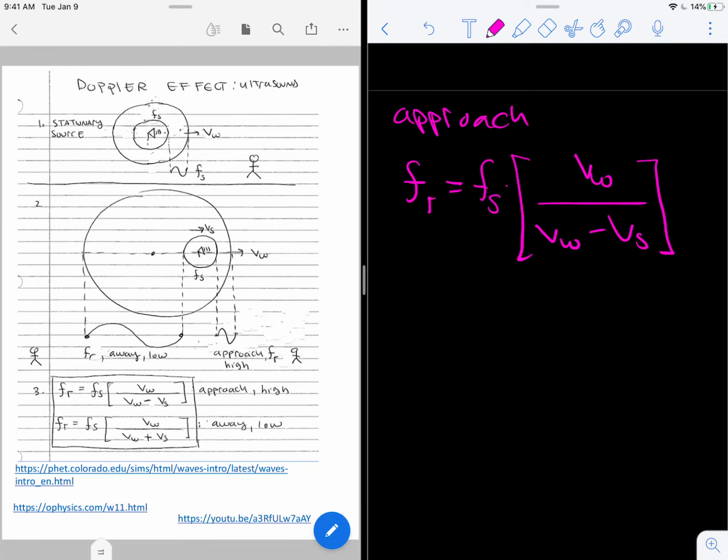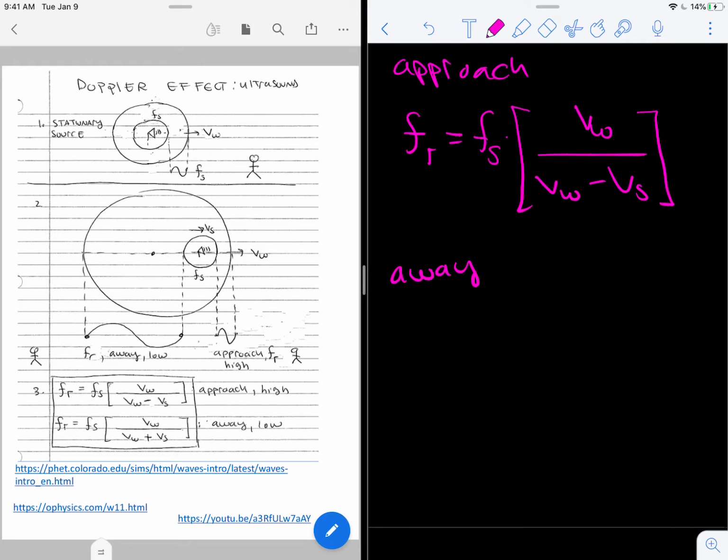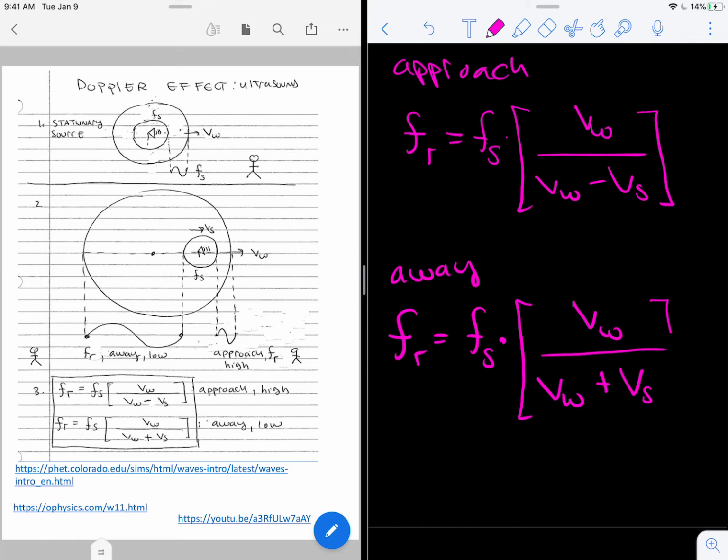And if the wave is moving away from you, in that case, the frequency that you're going to notice, or the received frequency, is going to be the frequency of the speaker or the source, multiplied by the velocity of the sound wave, divided by the velocity of the sound wave, but now plus the velocity of the speaker or the source.